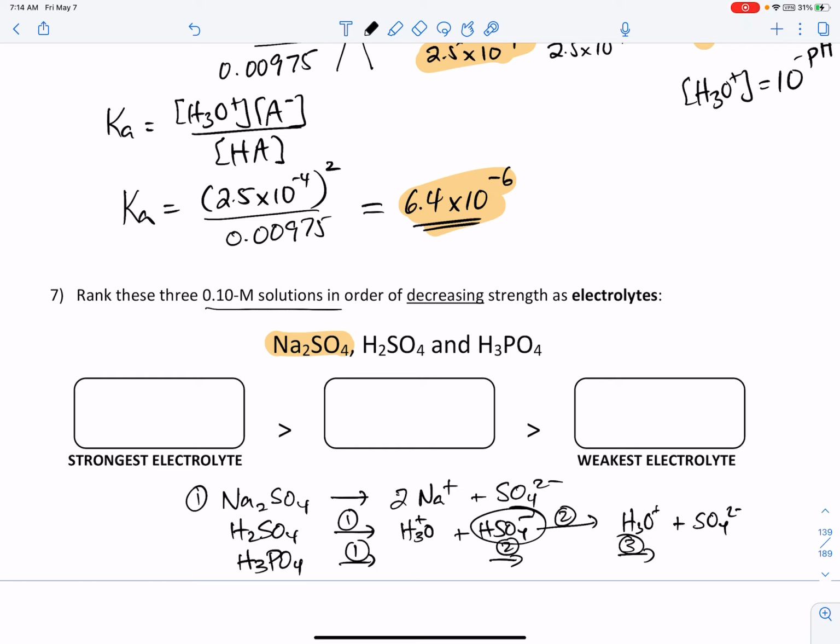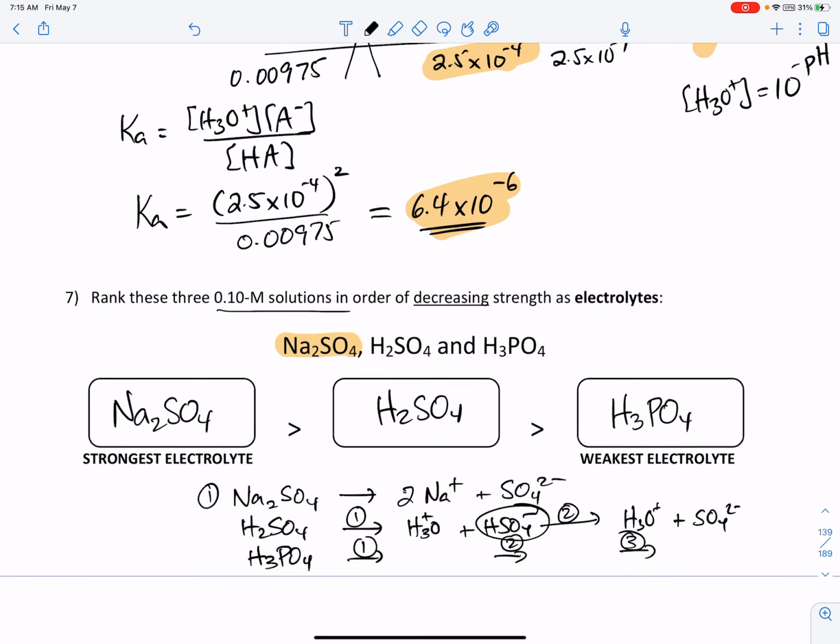So phosphoric acid, even though it looks like it will have lots of ions, it actually doesn't produce much ions because all 3 steps of its ionization are weak. So the weakest electrolyte was the weak acid. The strongest electrolyte here turned out to be the salt because it completely breaks apart into ions, and there's 3 ions for every 1 particle of salt. The sulfuric acid is the second best electrolyte there because it does ionize completely in a first step and only partly in a second step.